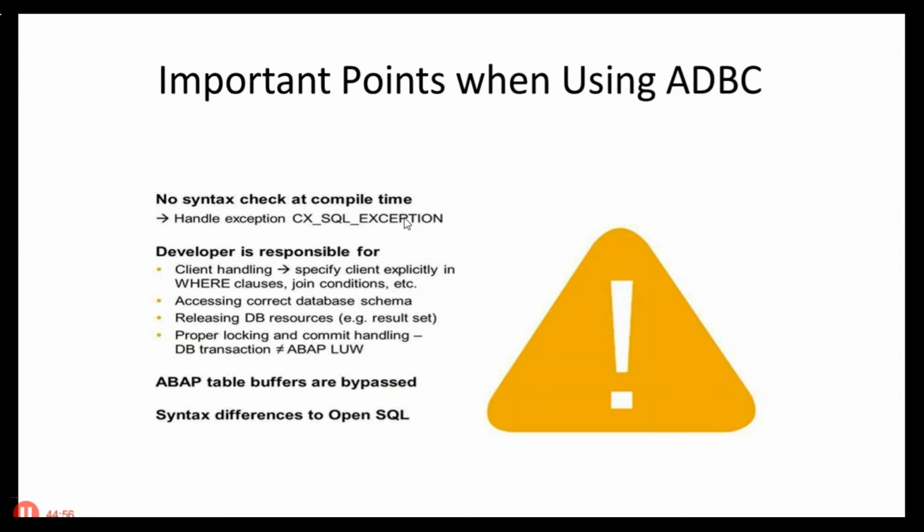Now the developer is responsible for client handling, specifying the client explicitly in where clauses and join conditions, accessing the correct database schema, releasing database resources, for example the result set, and proper locking and commit handling for database transactions. ABAP table buffers are bypassed.